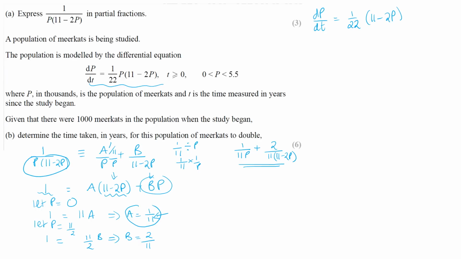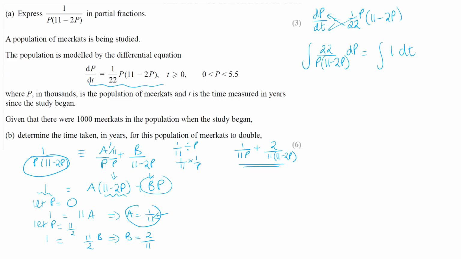So because we've got these 11s in our denominators with our a's and b's, I'm going to take the 22 up and all of that down. I've missed a p out there, haven't I? All of that down and just leave the 1 on the right. So I'm going to integrate 22 over p and 11 minus 2p dp is equal to 1 dt.